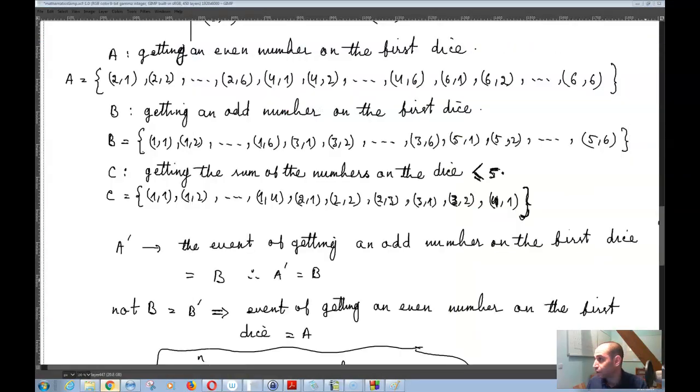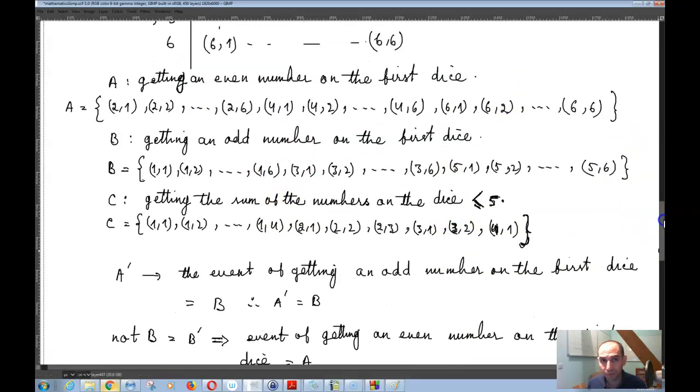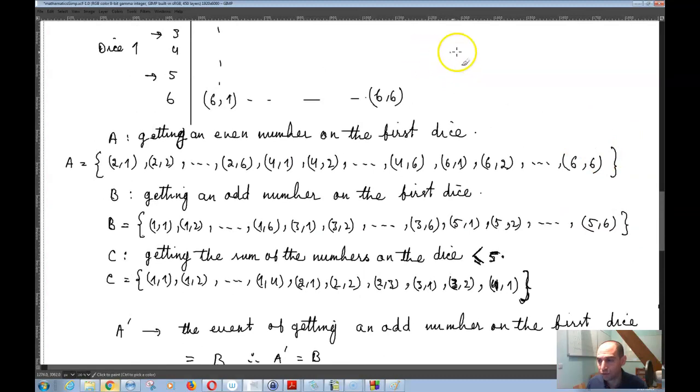Now, the third part of this question is A is equal to B prime. So of course, B prime is the same thing as not B, and when B is getting an odd number on the first dice, then not B would be getting an even number on the first dice.